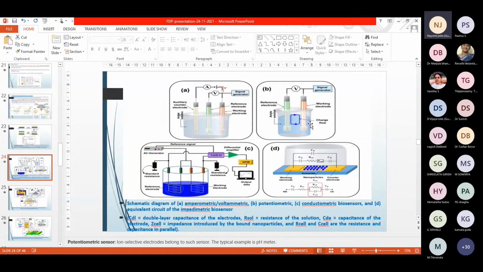H plus will be measured more or less like in a pH meter, and this is an impedimetric biosensor, where the electrode is attached onto the transducer, and the transducer surface, here the example shows nanoparticles which carry the biorecognition element.